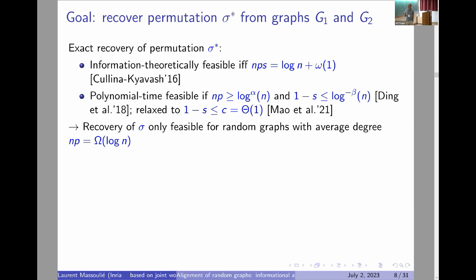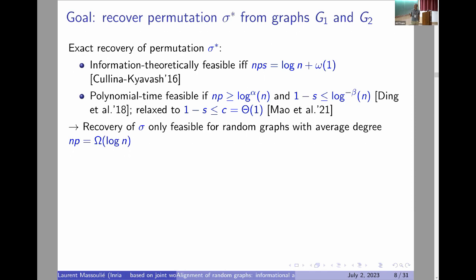Recent work allows you to have the correlation parameter bounded away from 0, and we will see we have explicit conditions by now. There was work by Cheng Mao et al. on this. But these works, the first wave of results, were really interested in recovering exactly the unknown sigma star.